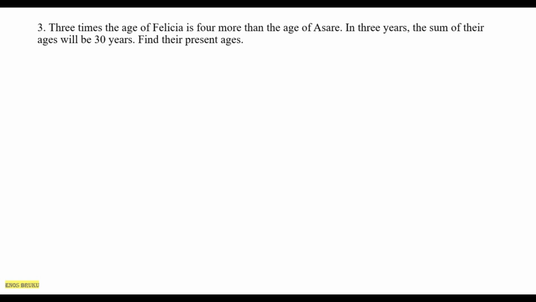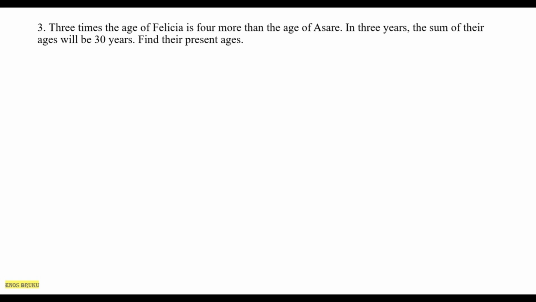So what it means is, if you multiply Felicia's age by 3, it will give you a certain number that, if you compare it to Asare's age, the difference will be 4, or the number will be 4 more than Asare's age. That is the first part of the question.